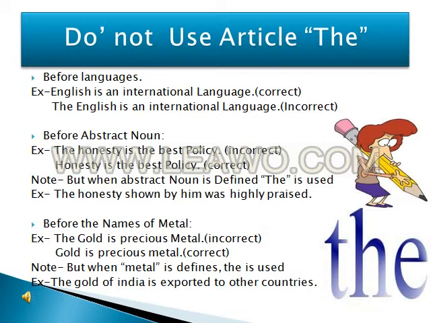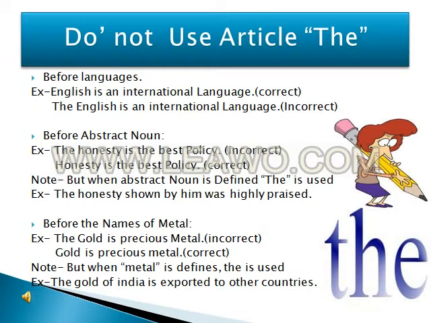For example, the honesty is the best policy. This sentence is incorrect. Why? Because we placed article the before honesty, and honesty is an abstract noun. Now, here is an exception: when an abstract noun is defined, the is used.